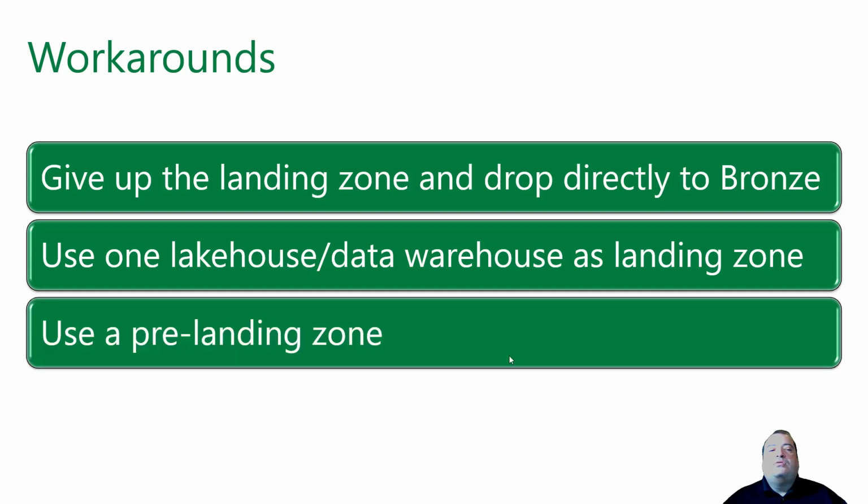Use a pre-landing zone. This means you load the data using Dataflow Gen 2 to one lakehouse or data house. You choose which one. This would be a pre-landing zone. Then from this place, you use a pipeline to load this data to the files area of your lakehouse.